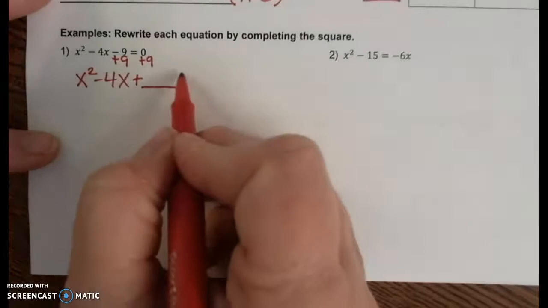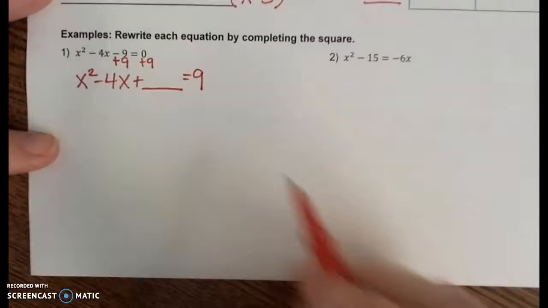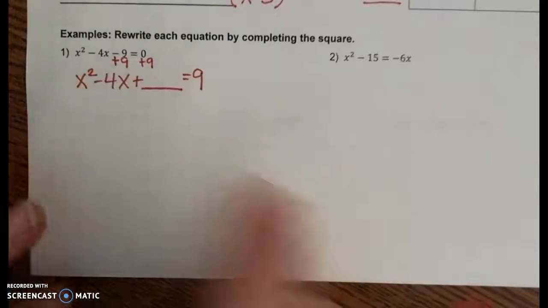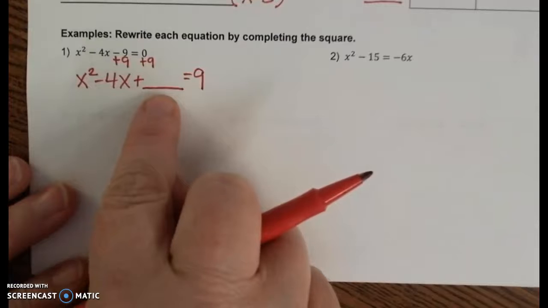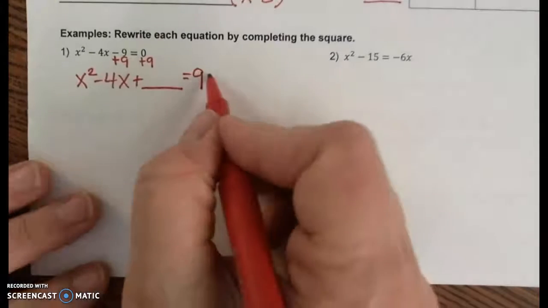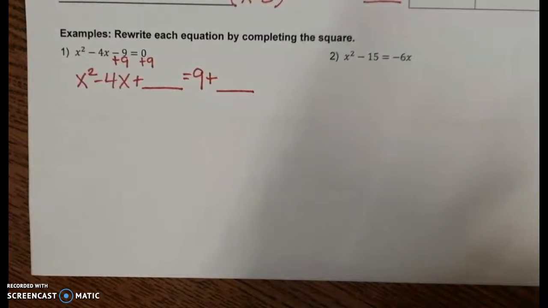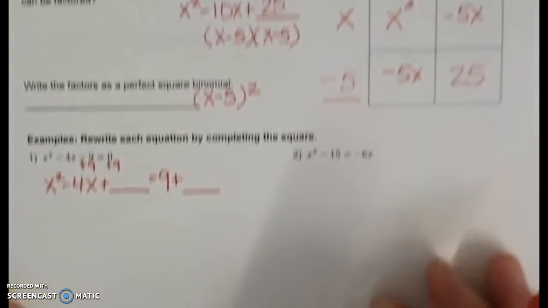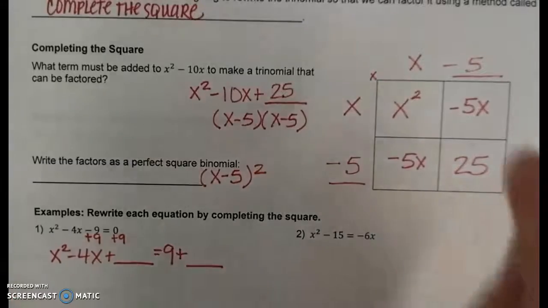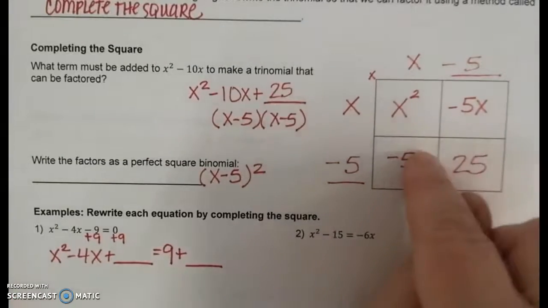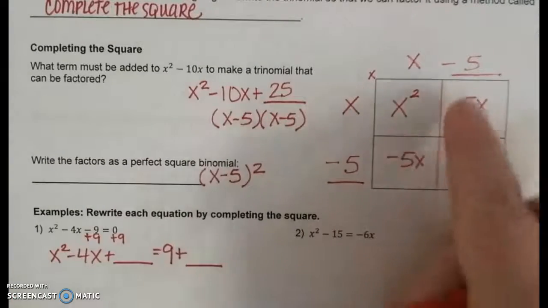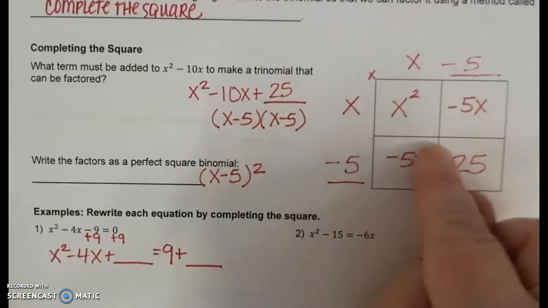we haven't done so yet, equals 9. Now one thing to consider is if I'm going to add some number in on the left, I need to add that same number over on the right, so I'm going to make a spot for it over here to remind myself I've got to add it on to the other side. So in the square, the Punnett square up top, to place these guys in here, I took the middle term and I split it evenly between these two boxes.